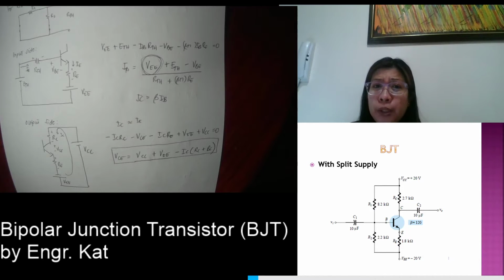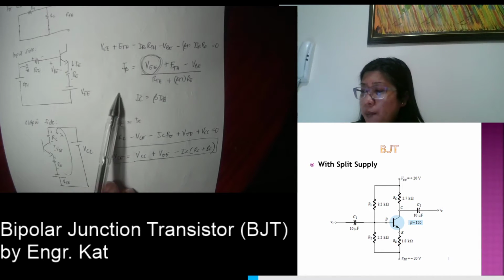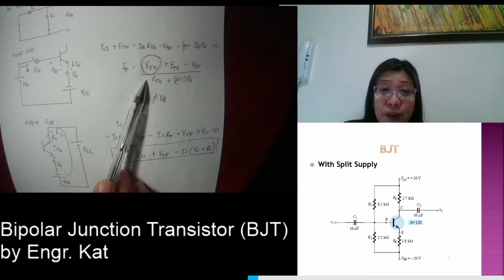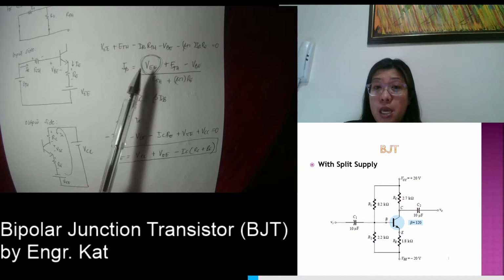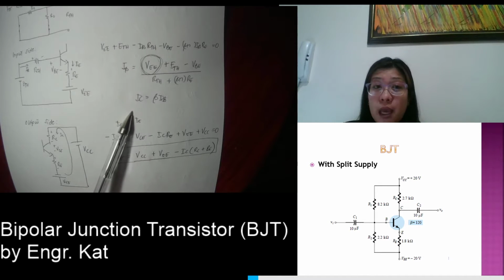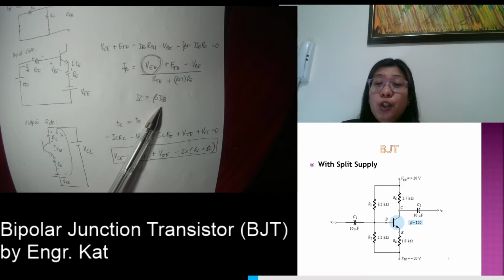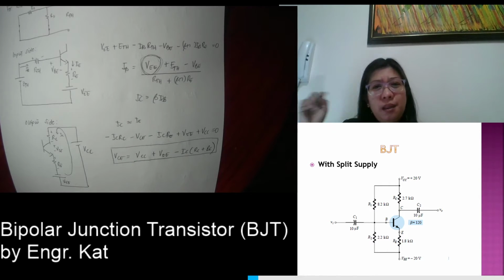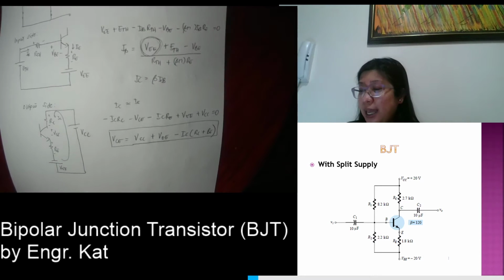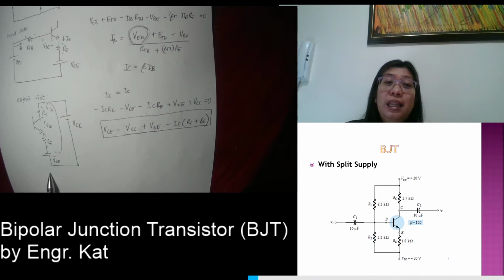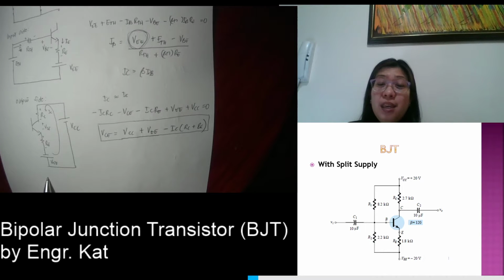What we are going to do now is compute for IB. This is just like the formula that you used in the voltage divider. The only difference is the appearance of your VEE. So upon solving for our IB, we can solve for IC. IC is beta IB. So at the output side, what will be the difference? The difference again is your VEE is still there.